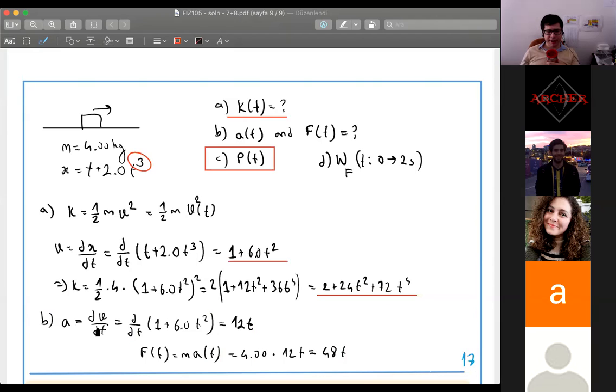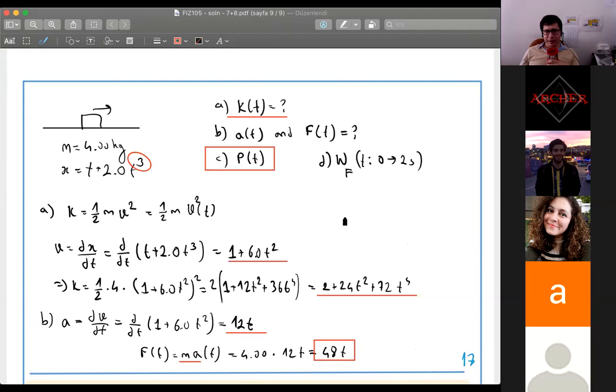Here, acceleration is the derivative of velocity with respect to time. It's 12t. Force is acceleration multiplied by mass. Okay, so it is 4 times 12t, 48t. Okay, that's the calculus sort of problem.